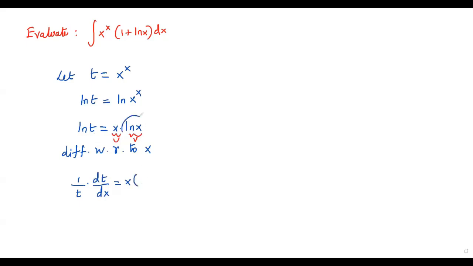So find the derivative of v, that is the derivative of ln x, plus. Now I have to find the derivative of u, and I have to keep this v as it is.